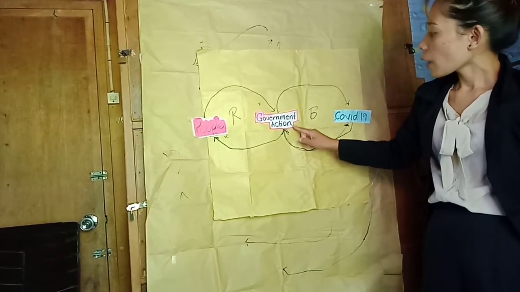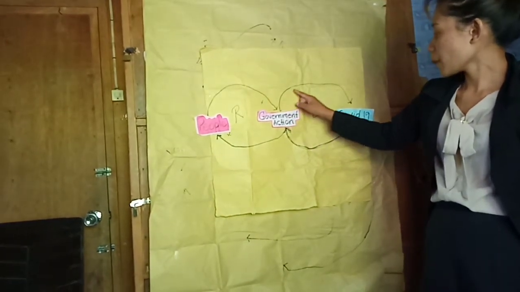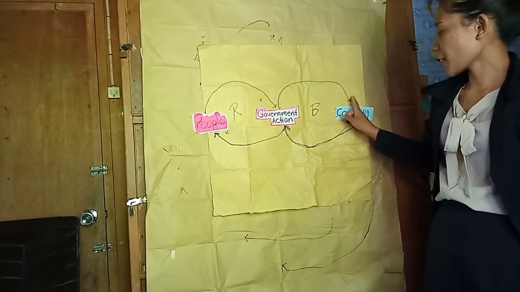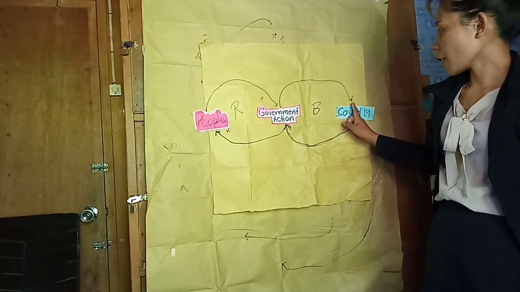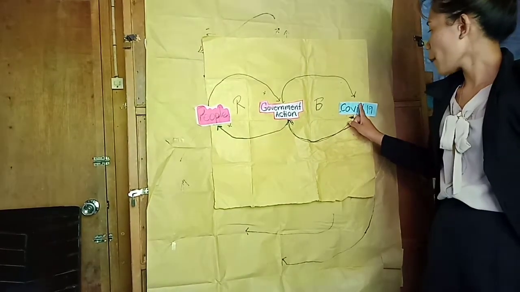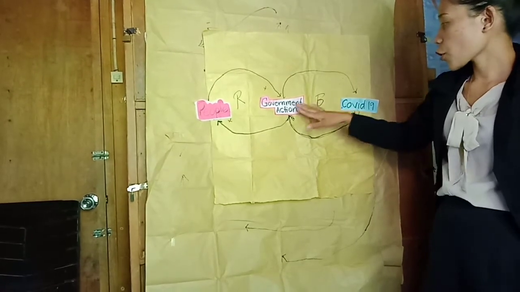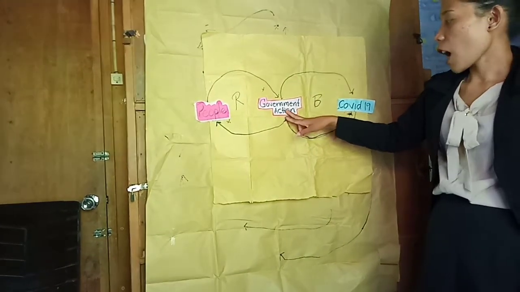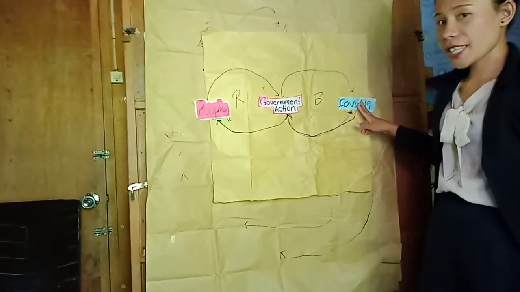So government action reduces COVID-19. This makes a negative impact on COVID-19. Due to this government action, COVID-19 becomes less in cases.